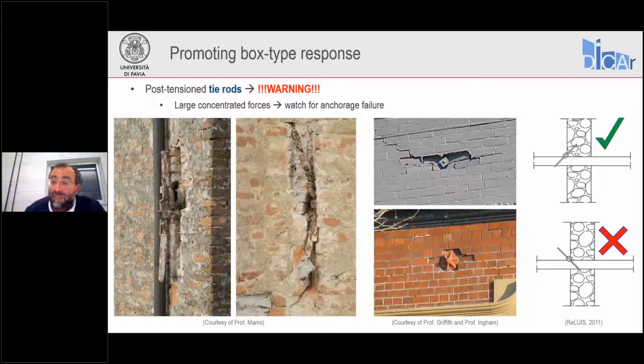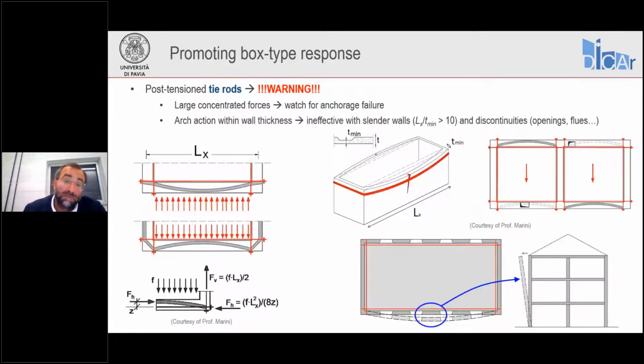The other half, you see, is just pushing on a wall without anything to bear against. And that's something that should be avoided in order to prevent problems with bearing and with anchorage of the tie rod.